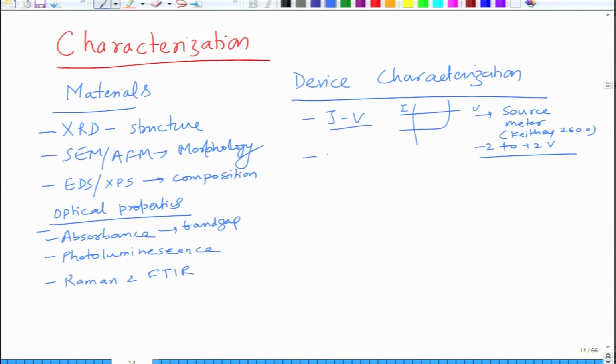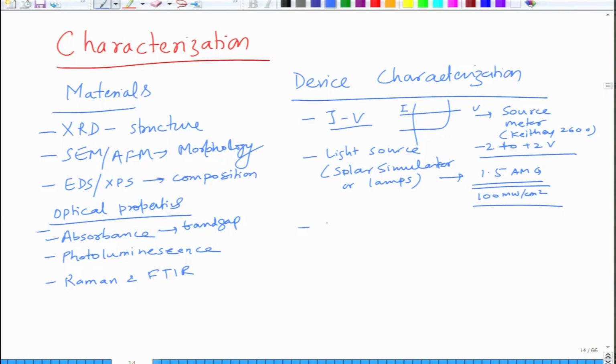Then we require a light source, and these light sources are called solar simulators, or one also uses customized lamps which mimic the solar spectrum, or which can provide certain spectral range within which you make the measurement. Generally we make the measurement at 1.5 AMG, which is equal to 100 milliwatts per centimeter square. We also need to make EQE, that is external quantum efficiency measurements.